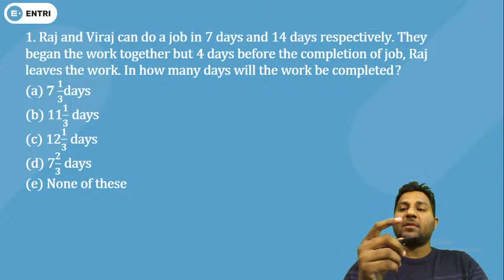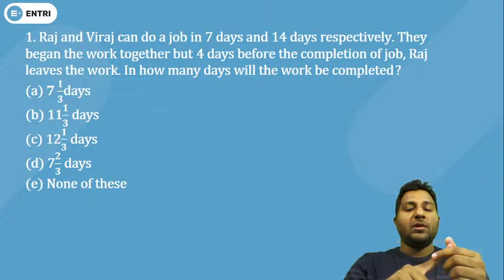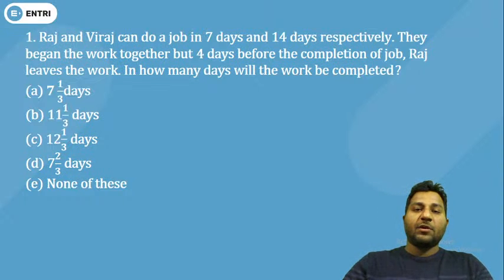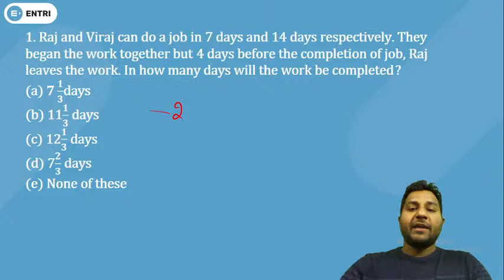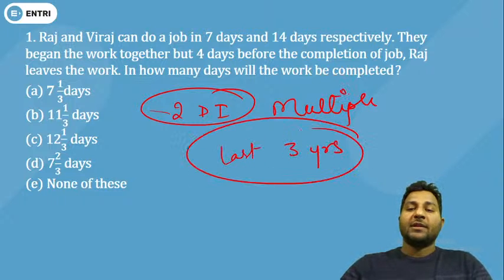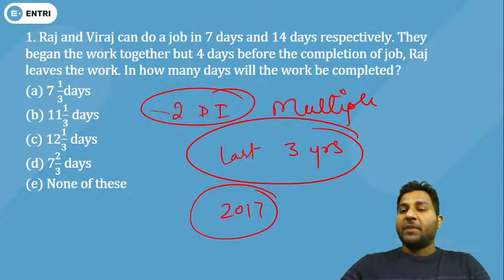Guys, the session is important, and if you miss this session, you might miss the whole opportunity of scoring in the competitive exam, because in SBI PO we have seen 2 DI and multiple questions in the last 3 years, because from 2017 the pattern has completely changed and they started asking arithmetic DI often in the prelims as well.